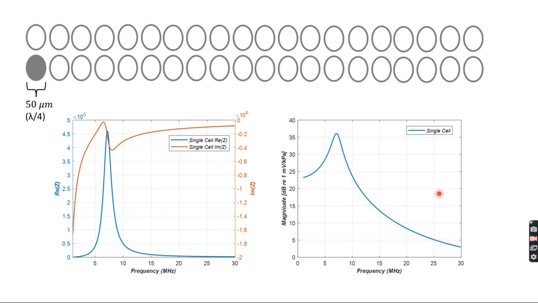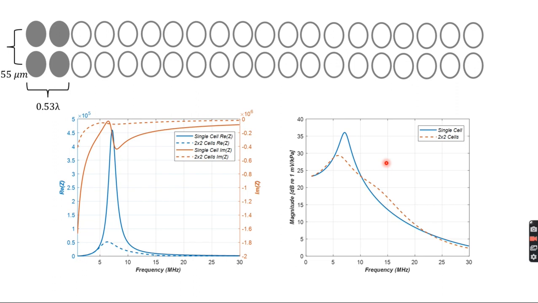The transfer function is very nice because it's a single cell. You don't have much bandwidth. But when you include more cells, let's say 4 cells, the bandwidth increases, the impedance level goes down. The capacitance increases because you have more cells now, so you have a bigger capacitor.